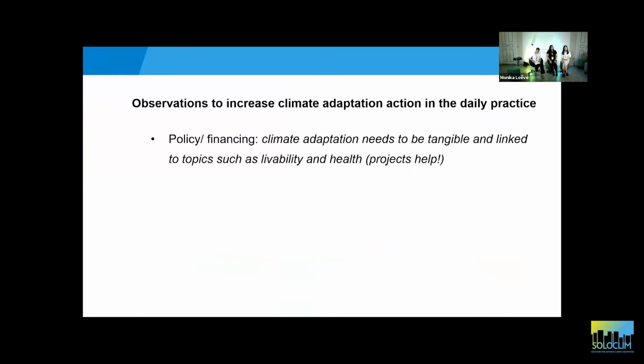So in terms of policy and financing, I experienced that climate adaptation really needs to be tangible and linked to topics such as livability and health. So the project really helped to get it on the agenda and make also policy advisors and decision makers understand what climate adaptation means.